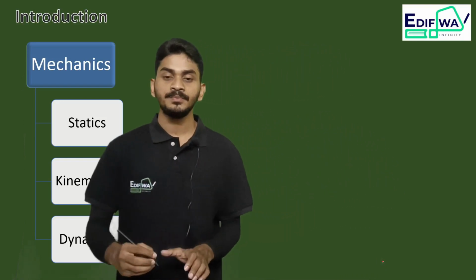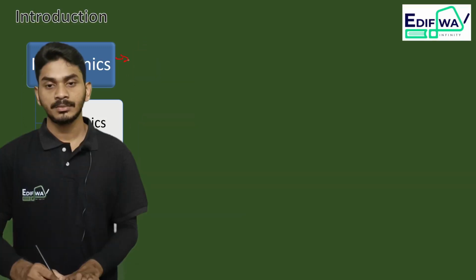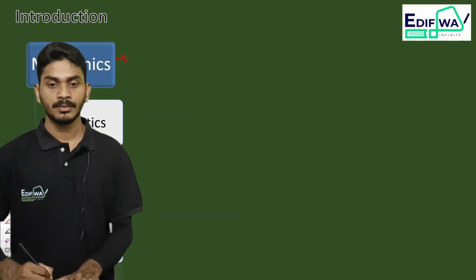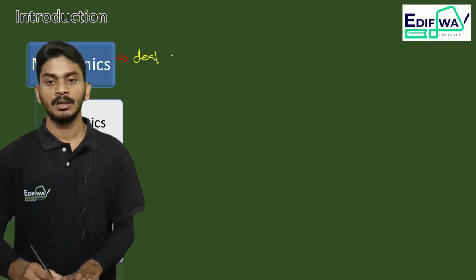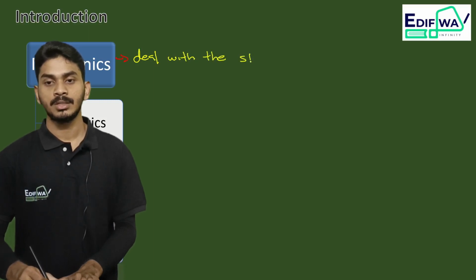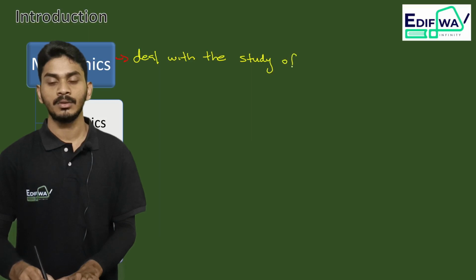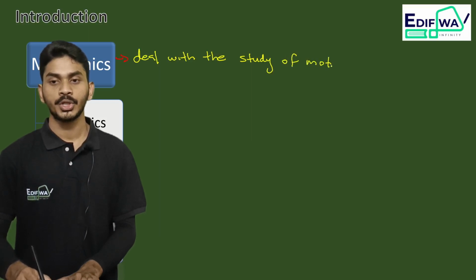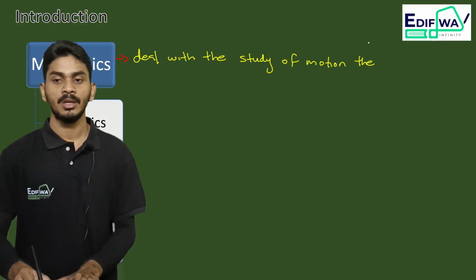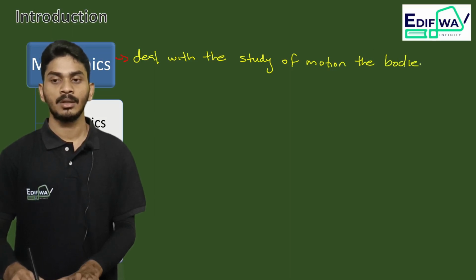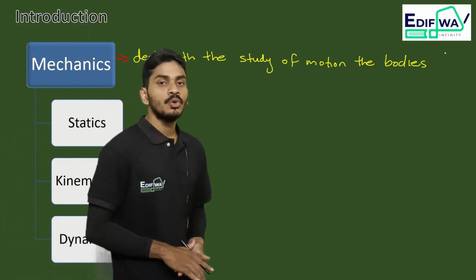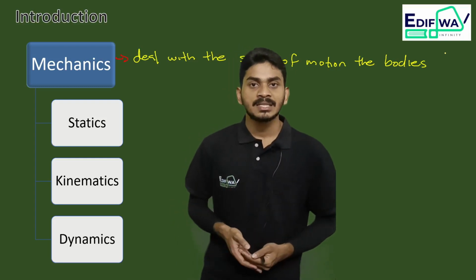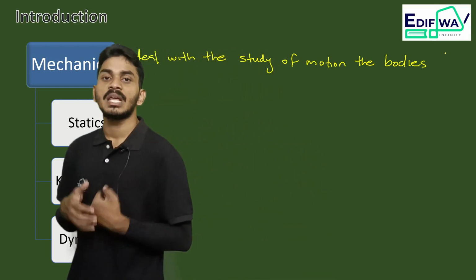Okay, so we can write: mechanics deals with the study of motion of the bodies, and we can further classify mechanics into 3, that is statics, kinematics as well as dynamics.